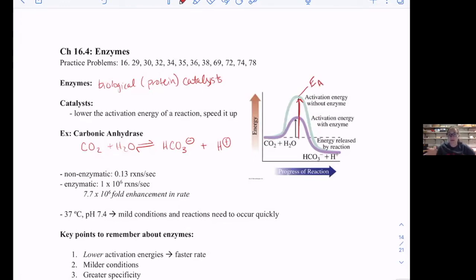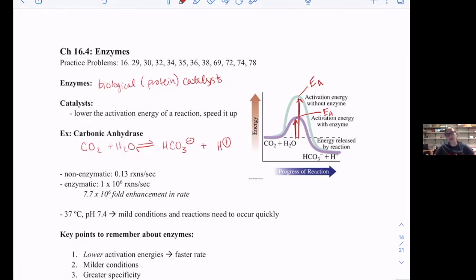However, if you have a catalyst, it will somehow, through some interaction, maybe hydrogen bonding, covalent bonding, something like that, make it so that the reaction requires less energy to go. That would be like this purple line here. You can see it's half the amount, even just with this cartoon. It's easier to get over that hump.